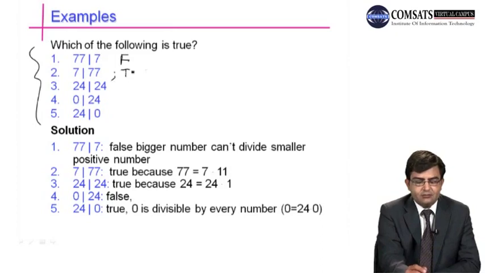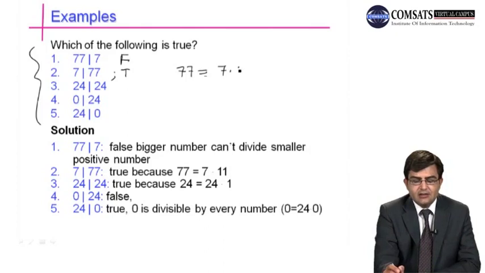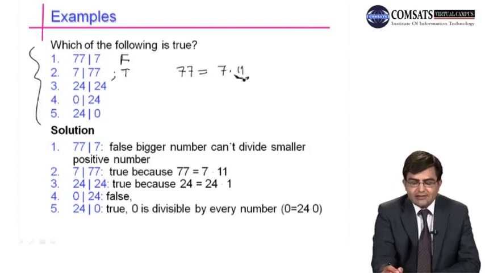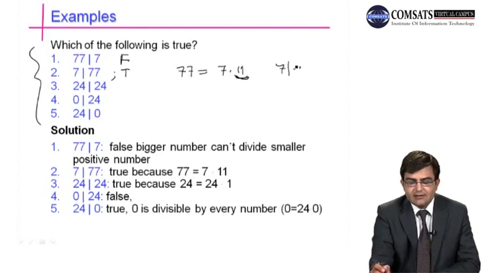This is true, because 77 can be written as 7 into 11. So there exists some integer, here 11, such that 77 can be written as 7 into 11. So we conclude that 7 divides 77.